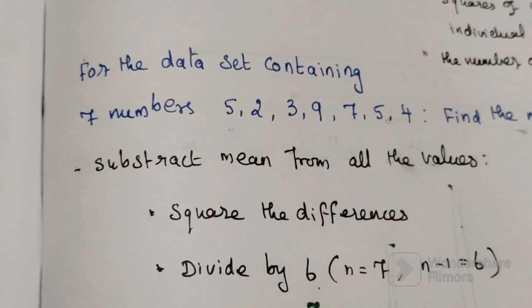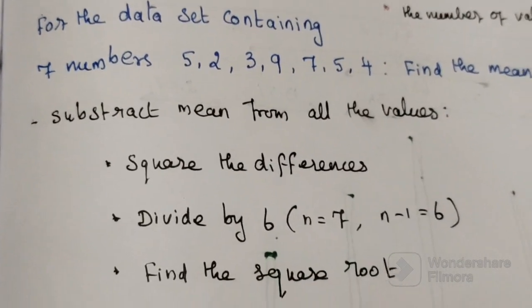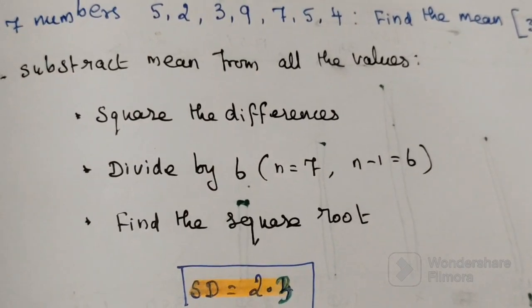After that we take the square root, and we get the value 2.3.